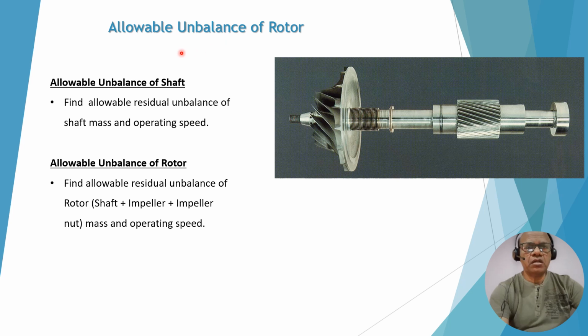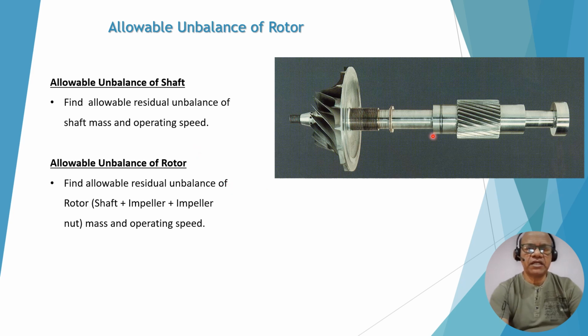So, the allowable unbalance of the rotor. This is a single stage rotor or single impeller. First of all, you have to find out the residual unbalance for the shaft mass and operating speed, because first we have to do the balancing of only the shaft. That is why you need to find out these allowable residual values for only the shaft and the operating speed or design speed.